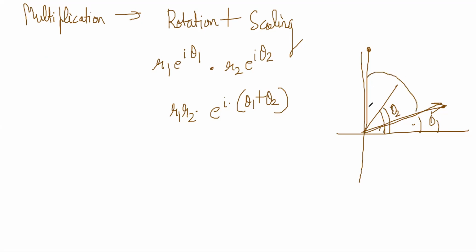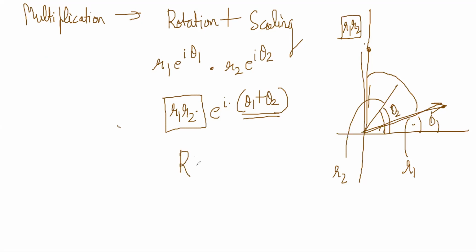That is the rotation part. And scaling part means what? The original vector was at a distance r1, the second vector was at a distance r2, and this third vector is at a distance r1 into r2. This is the new capital R, new capital theta, for the product vector.